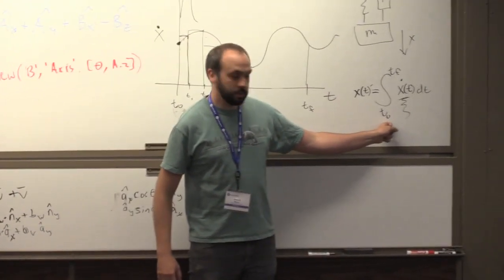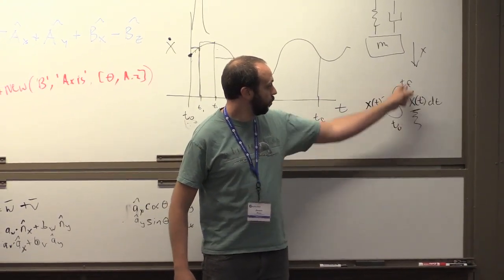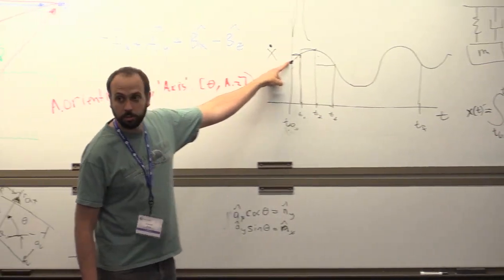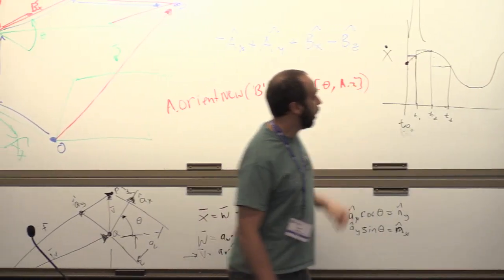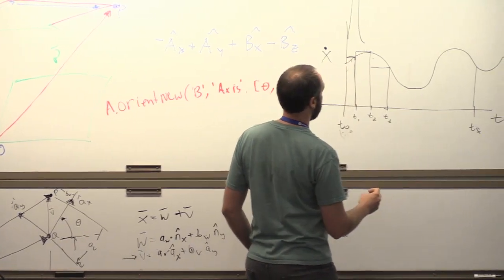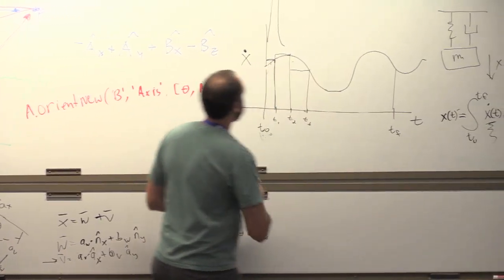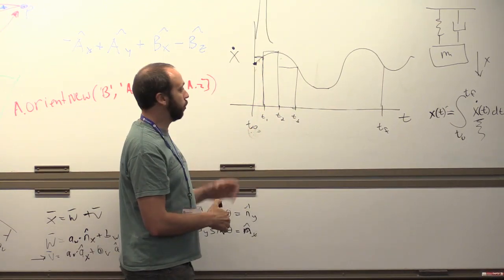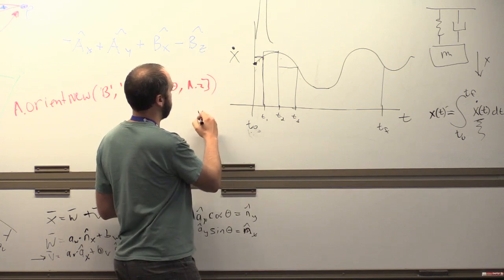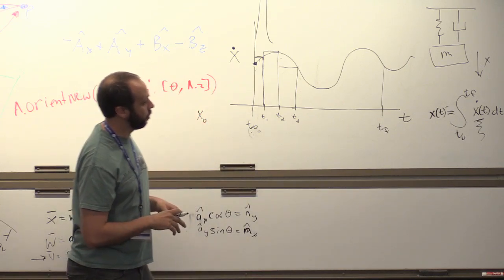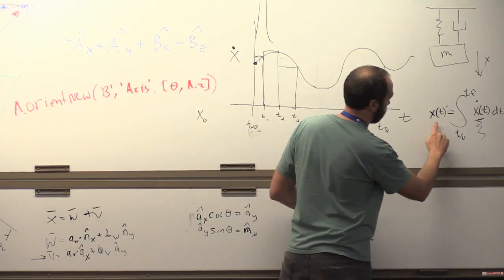So what you have to provide to ODEInt is the time that you want to integrate over. You have to provide some initial value for the state, because there's a constant of integration associated with this. You have to have an initial value of the x values to get the correct estimate.